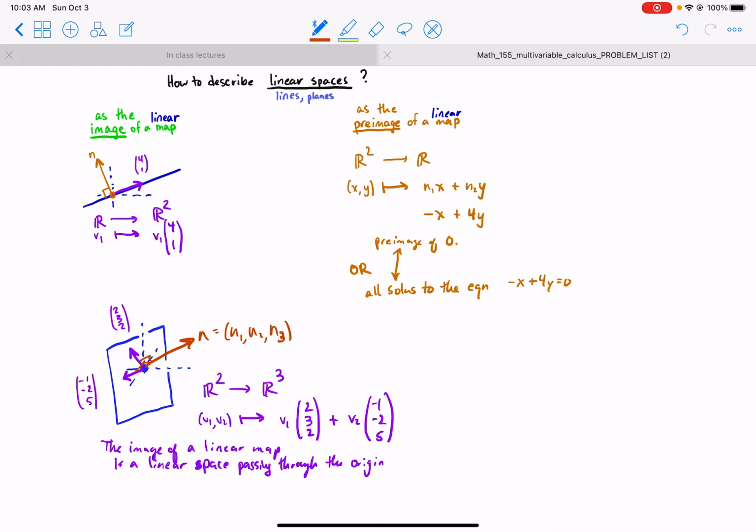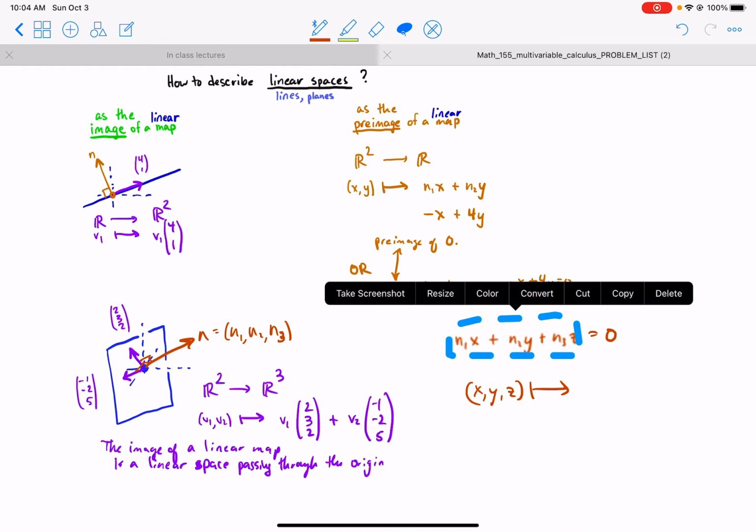And then I could say, well, it's all solutions to the equation. Well, now I need three variables. n1x plus n2y plus n3z equals 0. In other words, it's the preimage of the map that sends x, y, z, it's all the solutions, the preimage of this map that sends it to, and now I don't need the equation.